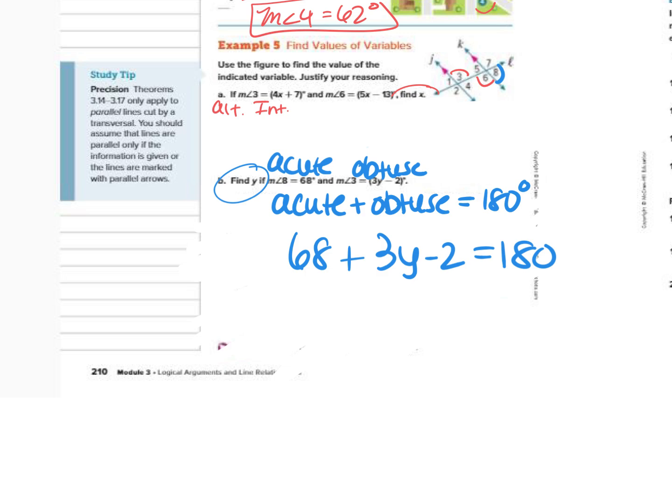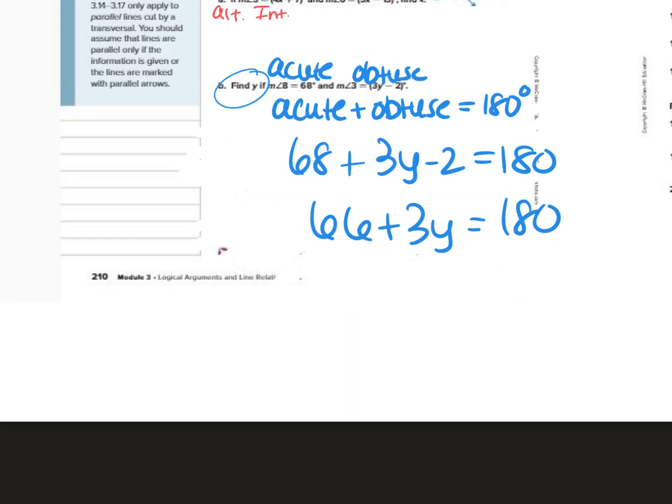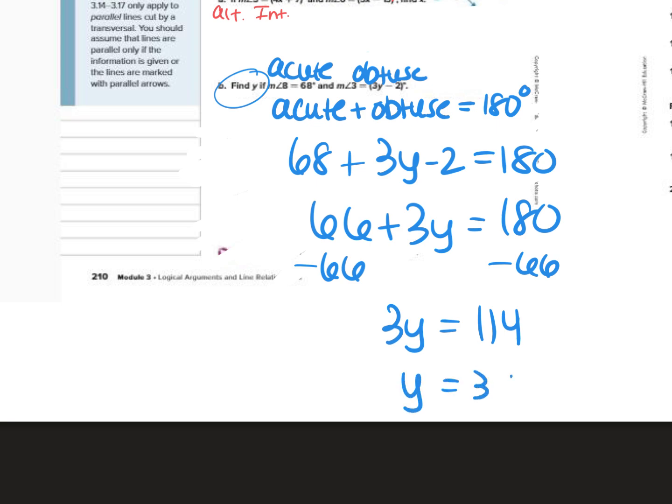I can combine like terms. 68 and negative 2 is 66, so 66 plus 3y equals 180. If I take away 66 from both sides, 3y is equal to 114, I believe. Yes. Then divide by 3 on both sides. So y should be 38.